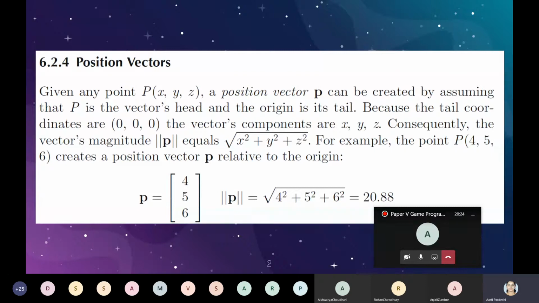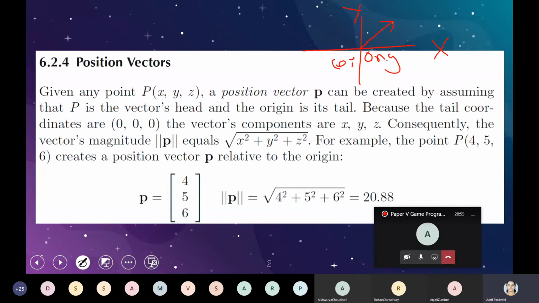Very simple concept. What is meant by position vector? Yesterday we have seen how to draw a vector. Suppose these are your axes. Right now I'm only focusing on a 2D axis so that it will be a 2D vector. If you want, we can focus on 3D also, but imagine the same thing for 3D. Suppose I am drawing a vector from the origin, this is your origin 0, 0.